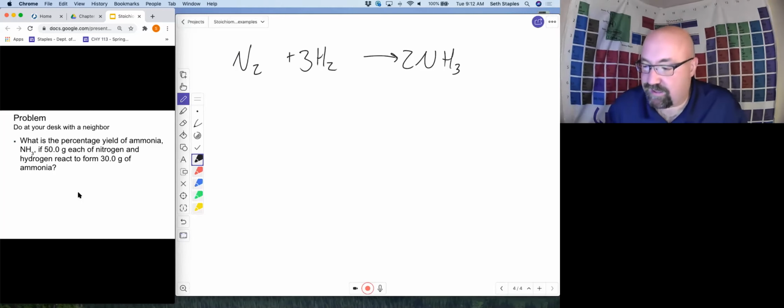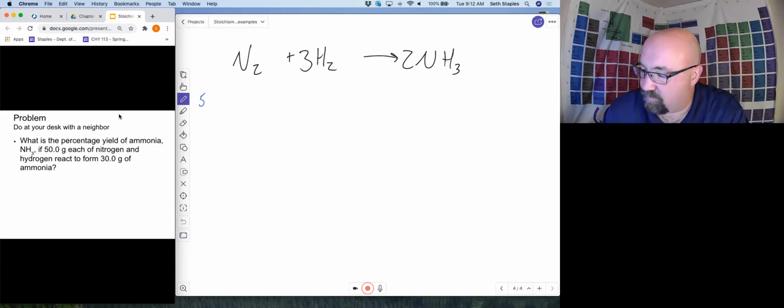And so we're going to take the mole ratio comparison approach here. And so we are going to take our 50.0 grams of N2. Convert that over to moles.